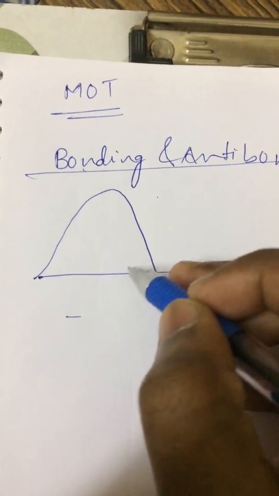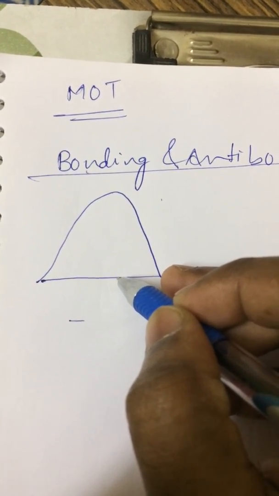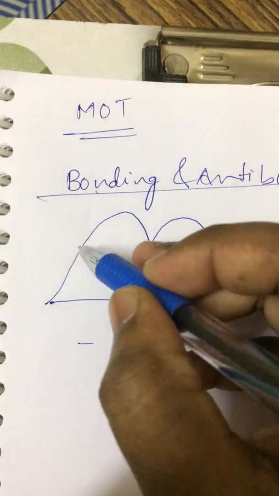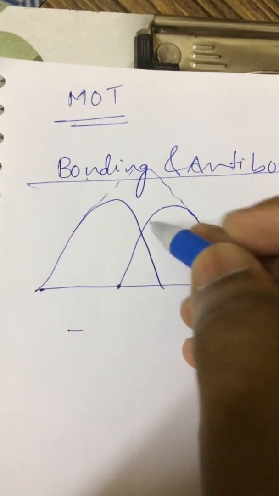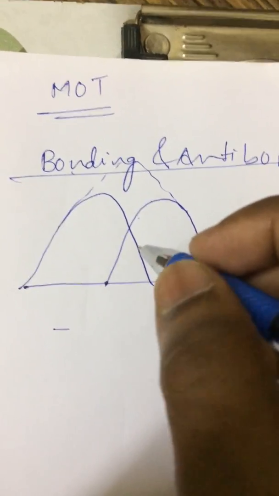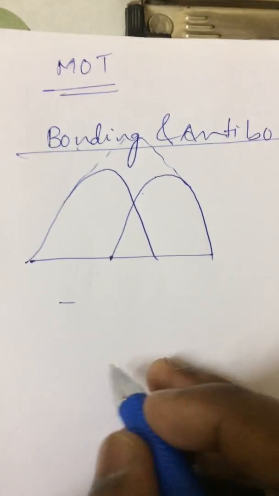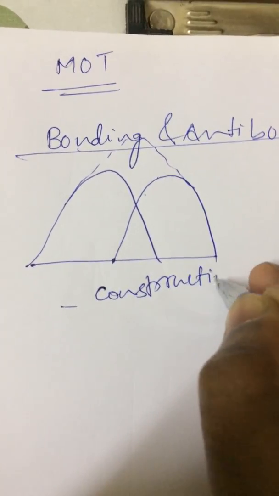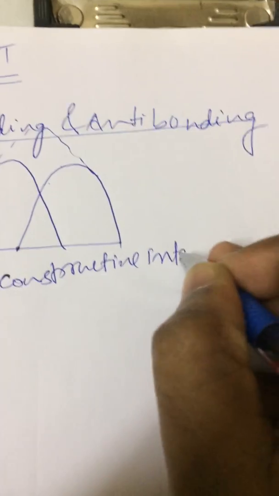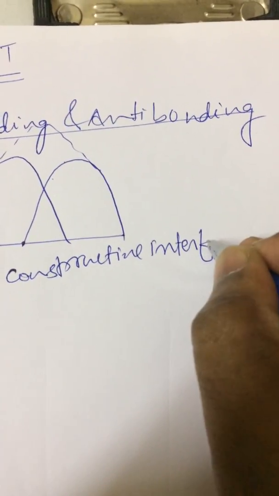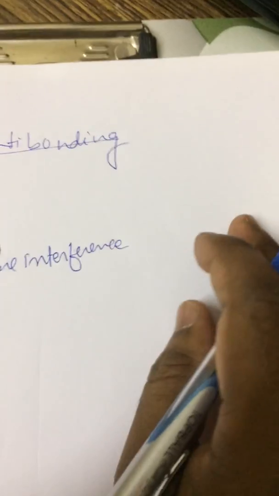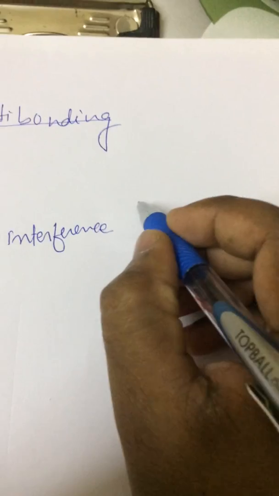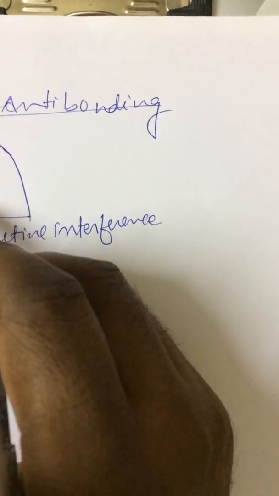When they combine, the intensity goes high, by constructive interference, and here there are no nodes.